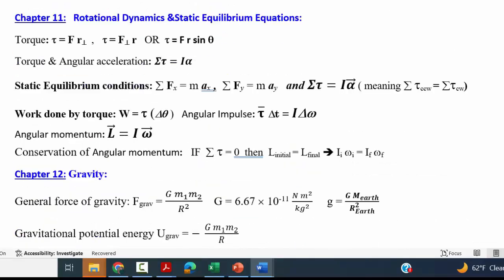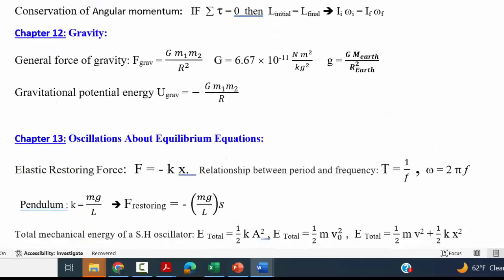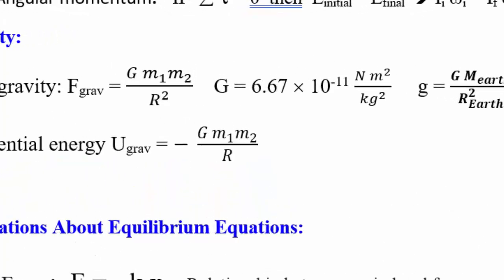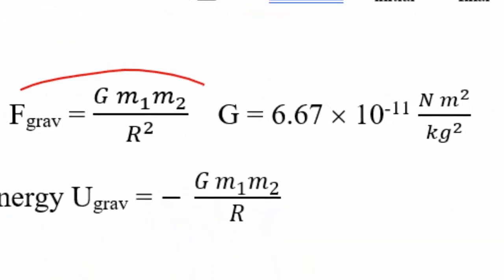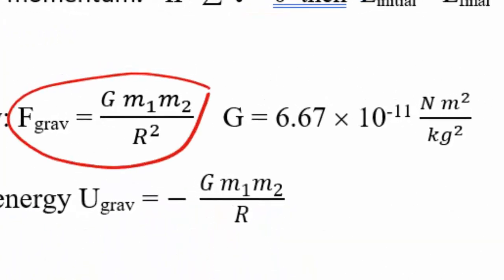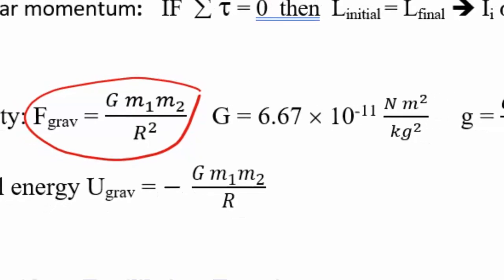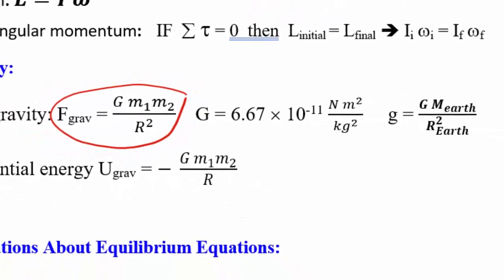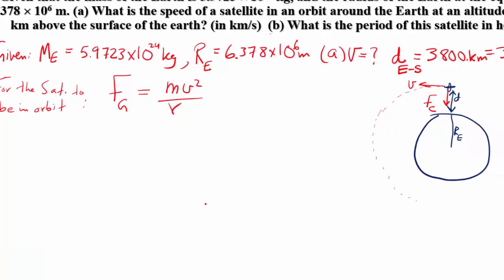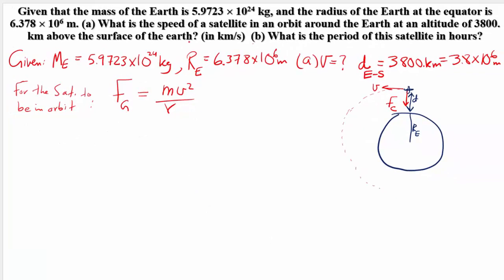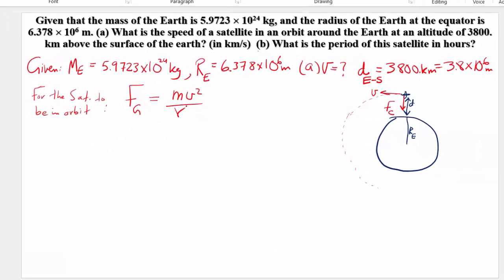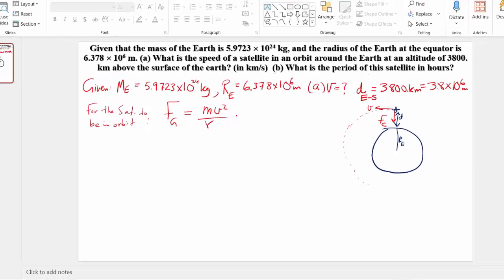If you go down to chapter 12, gravity, this is the general equation of gravity that we need. Okay, so those are the equations we are going to take from the formula sheet: the equation of gravity and the equation for the centripetal force. And we know in order for the object to be in orbit, the force of gravity has to be equal to mv squared over r on that satellite.